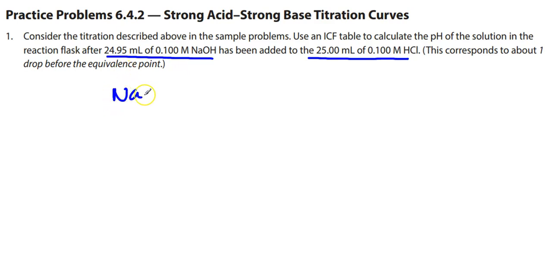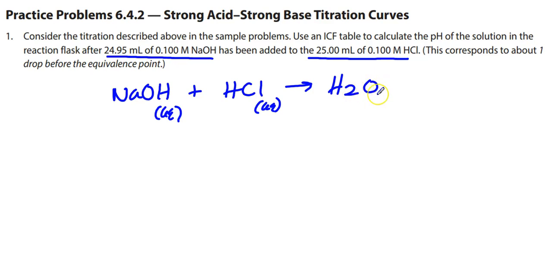Okay, so we know our chemical reaction that's happening here. Strong acid, strong base, H2O plus NaCl. So for the initial concentration, we have to figure out what's the concentration after these have been mixed, right?